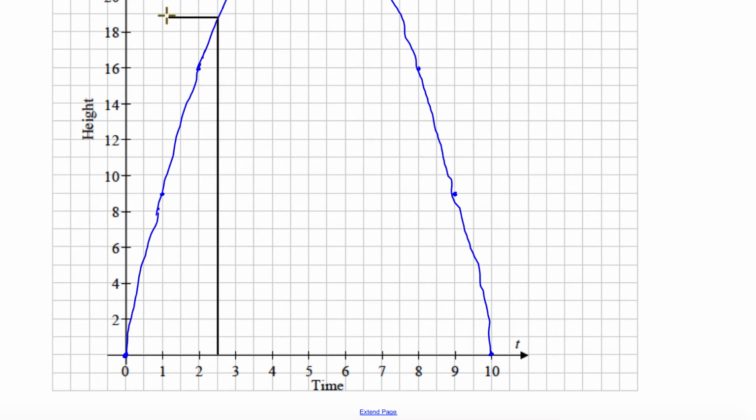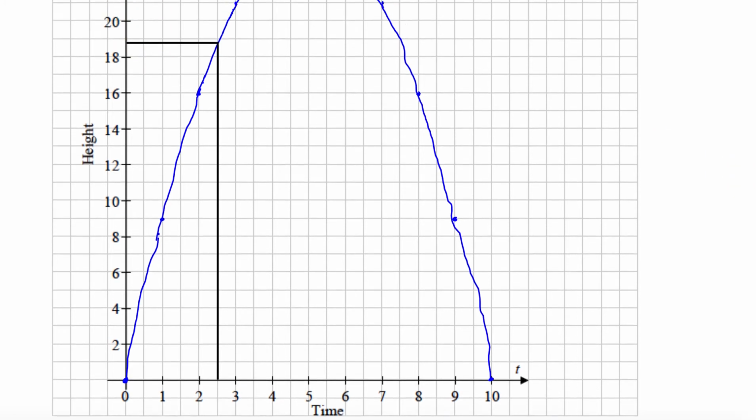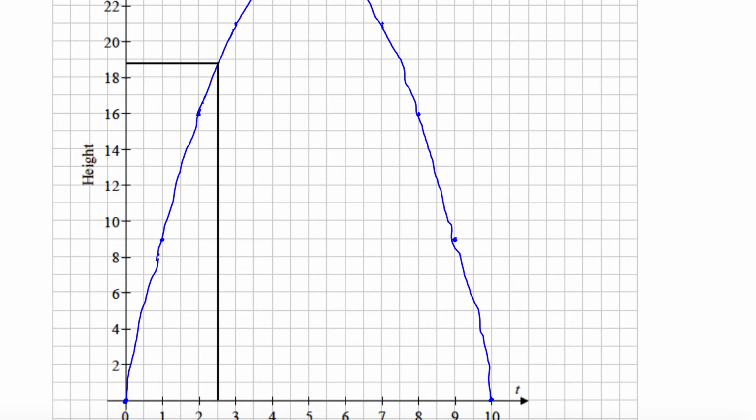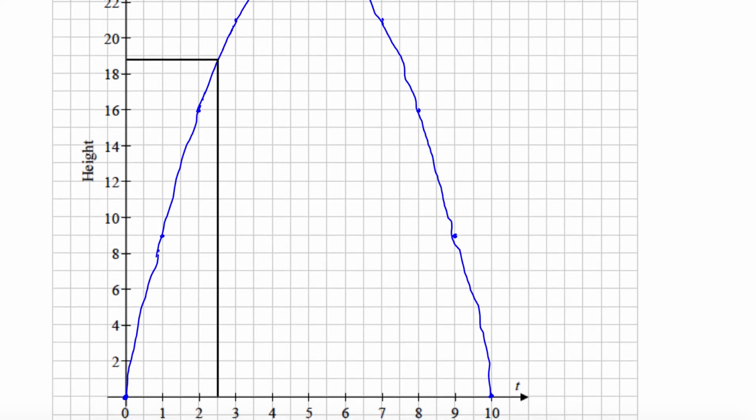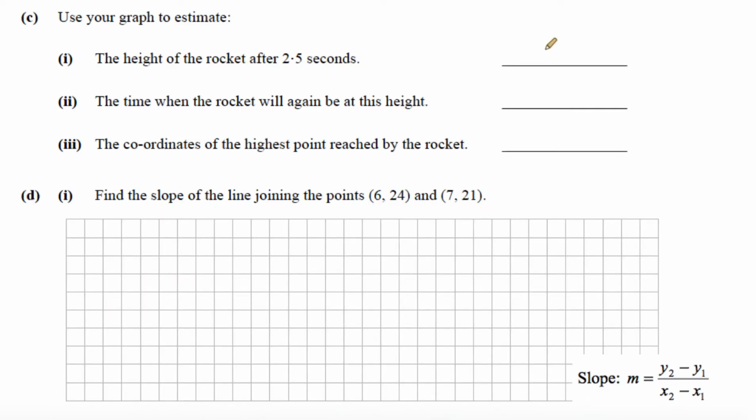And from there, go across and take the reading off the h-axis, the height axis. So the height there would be just under 19, so we'll say 18.8. So it's 18.8, and that's going to be in meters, because the height was in meters. Now your answer may be slightly different, something around 19. Depending on the graph, everybody will get a slightly different answer.